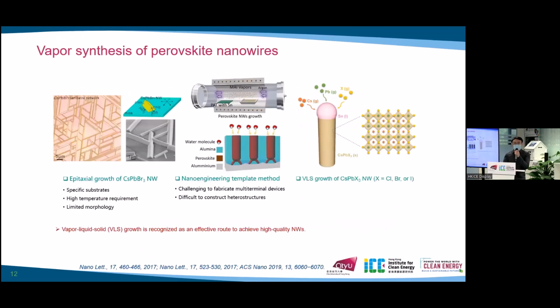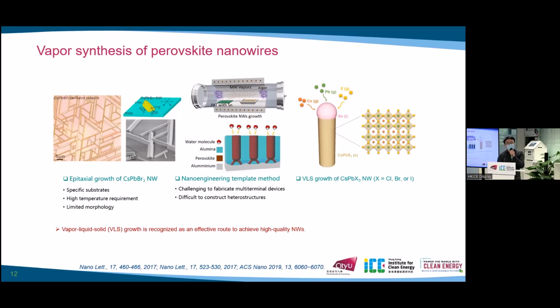Actually, there are several kinds of methods for the vapor deposition of perovskite nanowire. The left image shows the epitaxial growth of cesium lead bromide nanowire on mica substrate. And the middle image shows the nano-engineering template method using a CVD system.